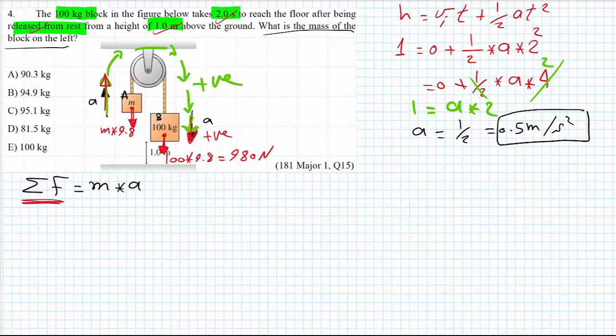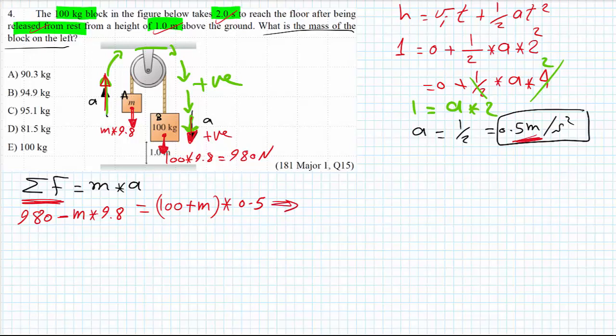So when I substitute in the sum of the forces, I will say 980, which is positive, minus m times 9.8, which is negative, equals the total mass of the system, which is 100 plus m, times the acceleration of the system, which I found here to be half. So this is the equation of Newton's second law.